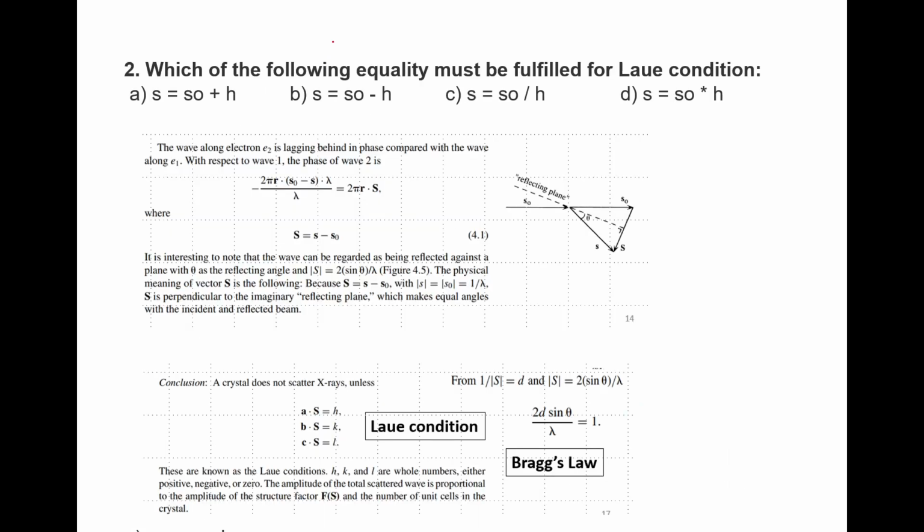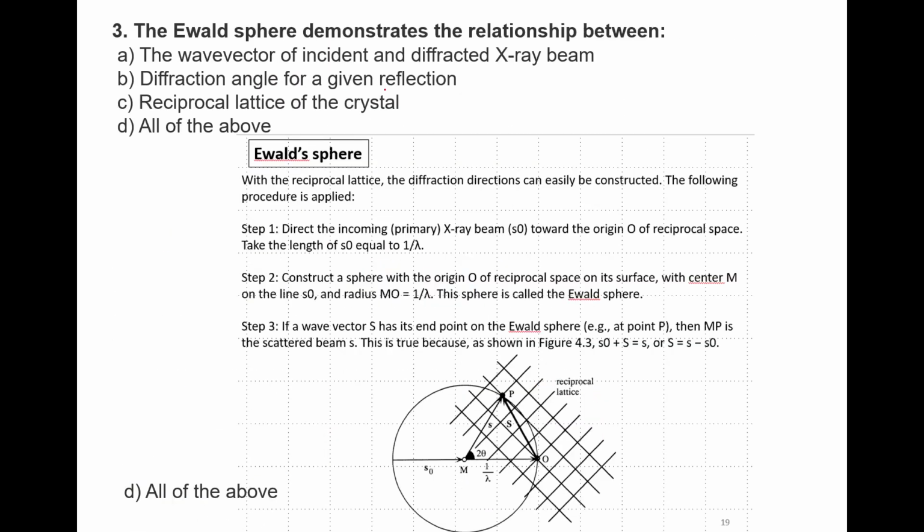Then, which of the following equalities must be fulfilled for the Laue condition? Now you know that the Laue condition is a dot S equals H, b dot S equals K, c dot S equals L. Also, we know that this capital S can be written as s minus s naught. If you take the scalar of this value, we can find the relation between small s, s naught and the Miller indices, as from the example of the Ewald sphere, where we found that S equals s minus s naught.